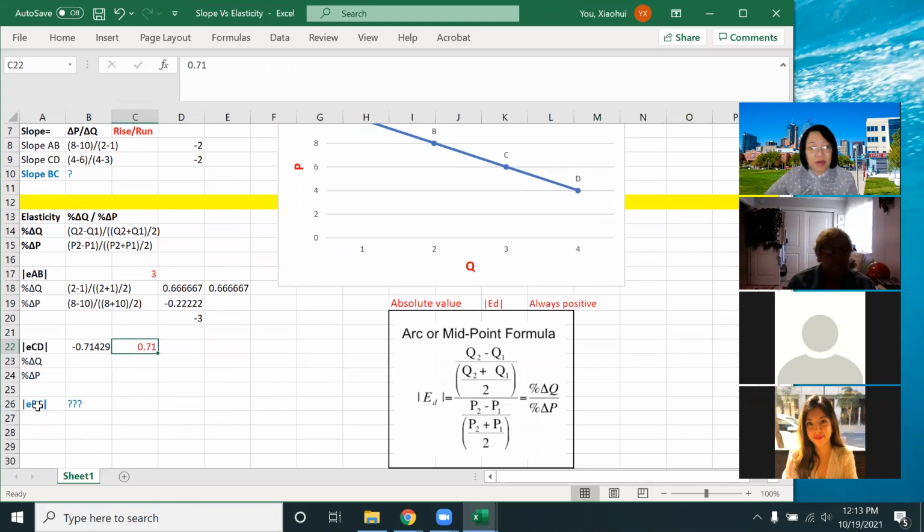Now I give you a practice. Calculate the elasticity for EBC. You calculate by yourself. Everyone, you calculate by yourself. Practice. And tell me the value after your calculation.